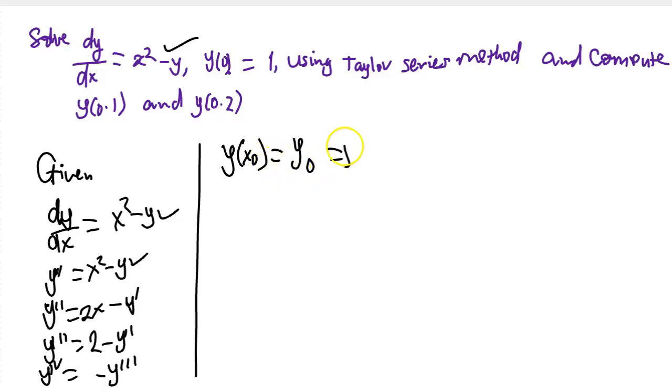So this implies that our y of 0 is equal to 1. You need to pay attention to this. So what this means is that at x equal to 0, y naught is equal to 1.